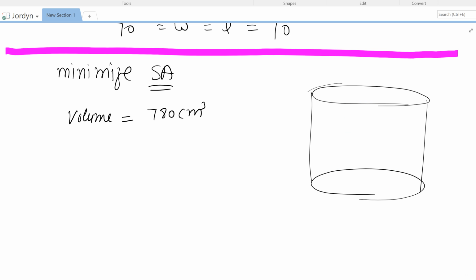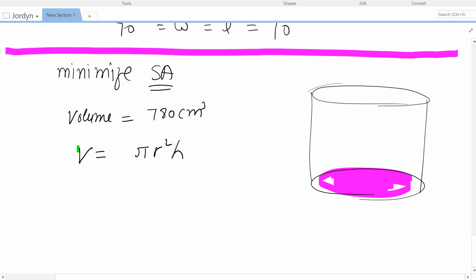So anyways, now we know that, what is the volume of a cylinder? Do you know the formula for that? It's pi r squared h. We multiply the base with the height, the area of the base times by height, right?